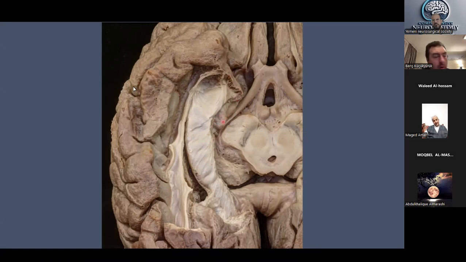There are small gyri here which are called the intralimbic gyrus and band of Giacomini, and also the uncinate gyrus. The names are not very important, but these small gyri were at the posterior segment of the uncus, more specifically superior to the uncal sulcus, where they were covering the head of the hippocampus, which is this, and there later we'll see the amygdala.